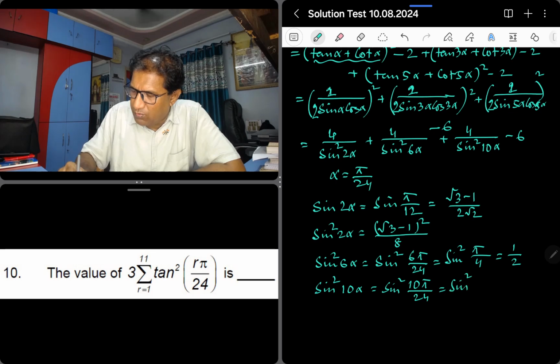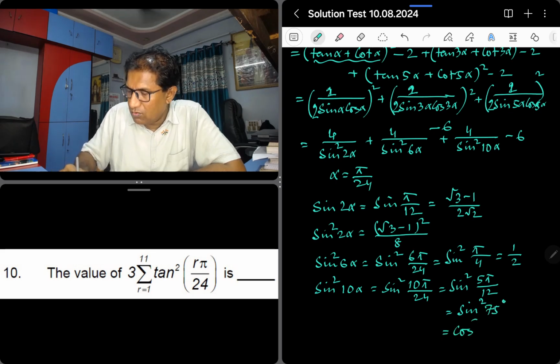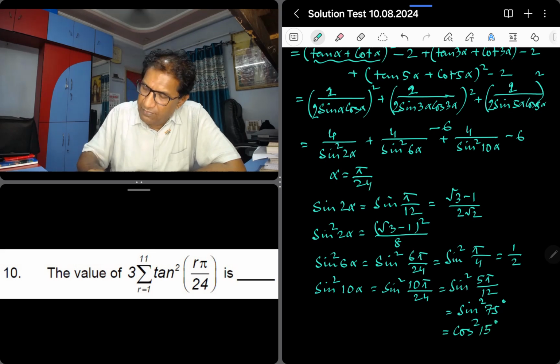It means sine square 5 pi over 12. So this is basically sine square 75 degree, which is same as your cos square 15 degree.